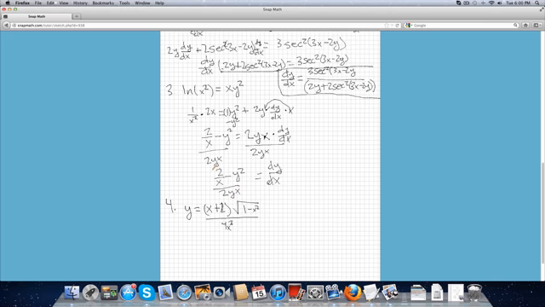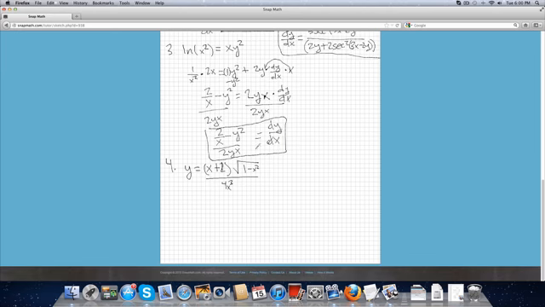Alright, so right here is our next derivative. Okay, and this last one, I don't know if I'm going to have room for it, but I'm going to try. I might have to use this up here. This last one, what you need to do is we're using logarithmic differentiation.